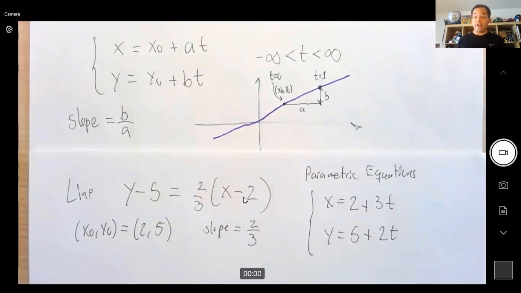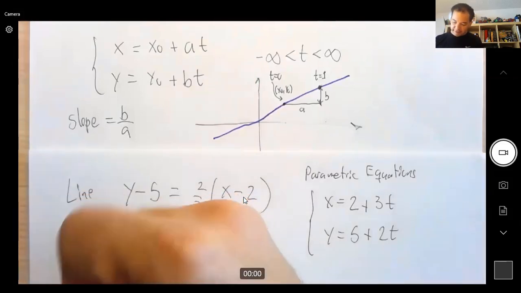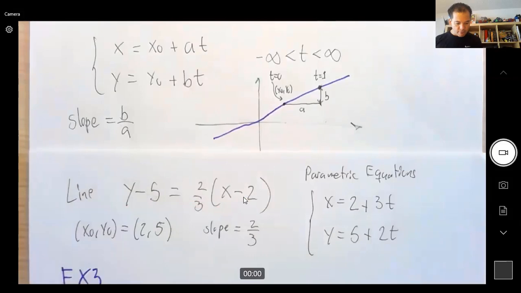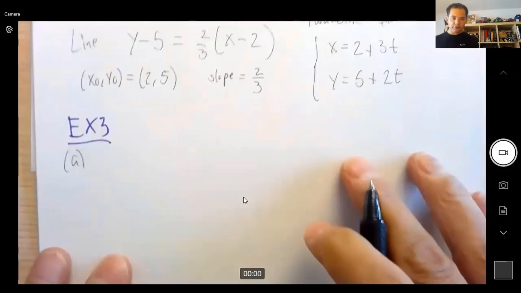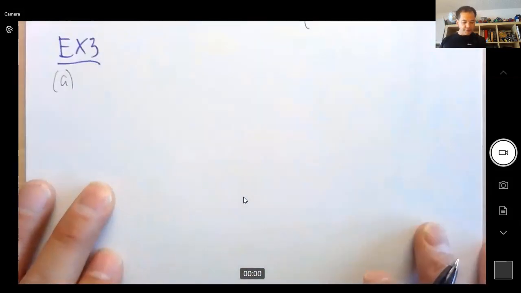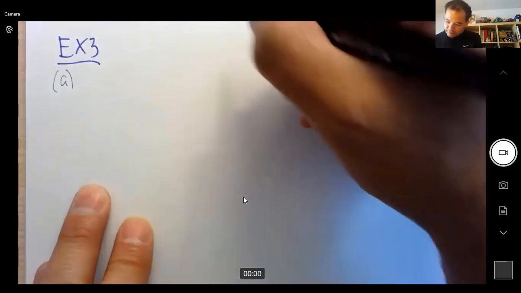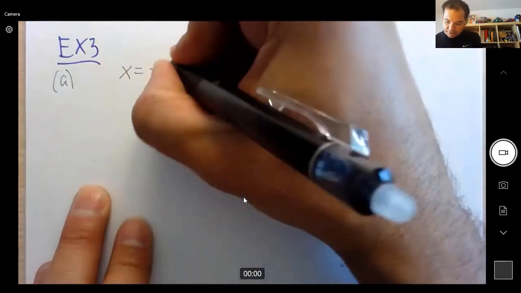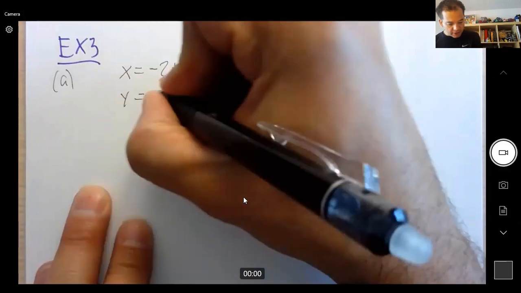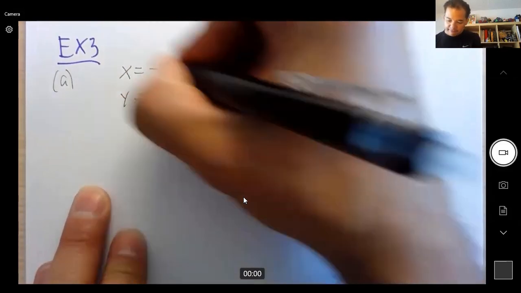Now, going the other way around is even easier. The only thing you need to do is eliminate the parameters. So to go back to the original line, all you need to do is solve for t and plug one into the other. So let's do example 3, which is exactly about this. So part A says, consider the parametric equations x equals negative 2 plus 3t, y equals 4 minus 6t.